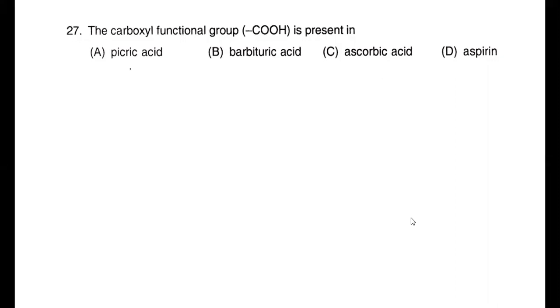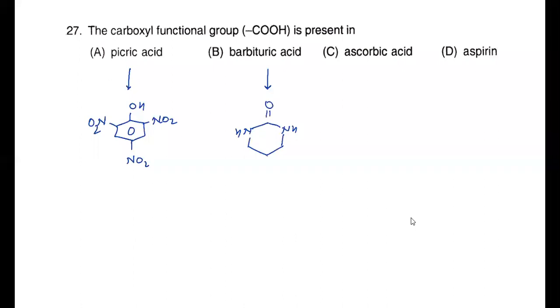So picric acid is 2,4,6 trinitrophenol. Then if you write barbituric acid, then this is the structure. This is barbituric acid.